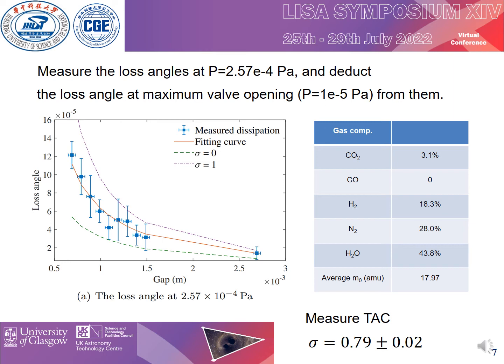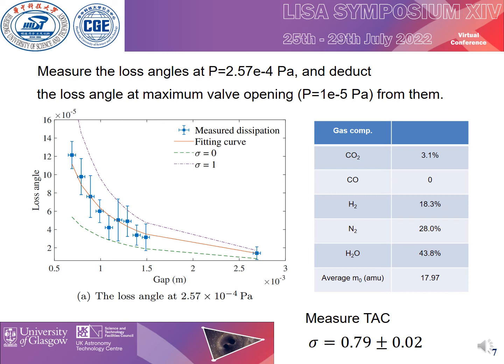This figure shows the measured Brownian dissipation at different gaps when the pressure in the chamber is 254 micropascal. This figure also shows the theoretical relation of loss angle against the gap when sigma equals 0 and sigma equals 1 respectively, where the average mass of gas molecules is measured by a residual gas analyzer.